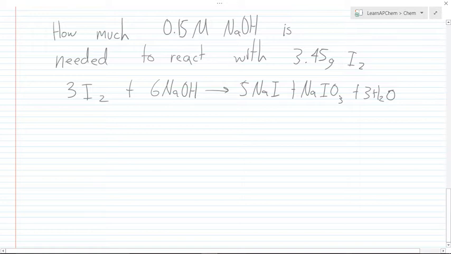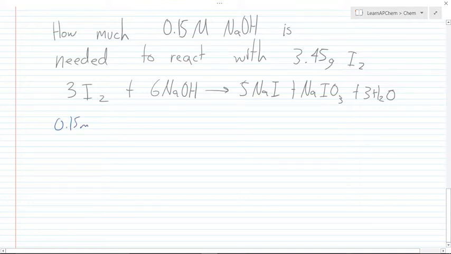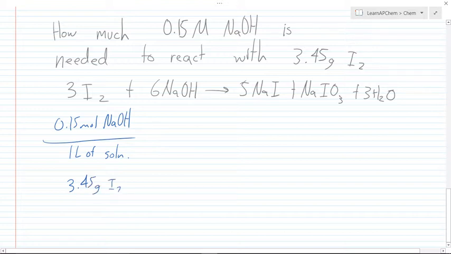Okay. So the first thing to do is to say that we have 0.15 moles of NaOH per 1 liter. Maybe this is a little obvious, but I find that it's always helpful to write it out. So the first thing we want to do is find out how many moles of iodine we have. So 3.45 grams I2, and I don't know the molar mass of iodine off the top of my head.